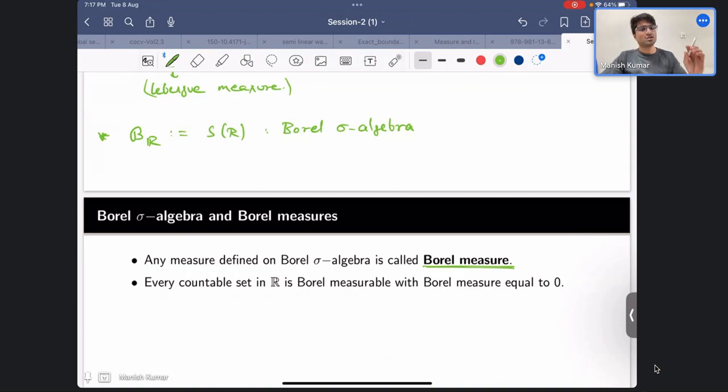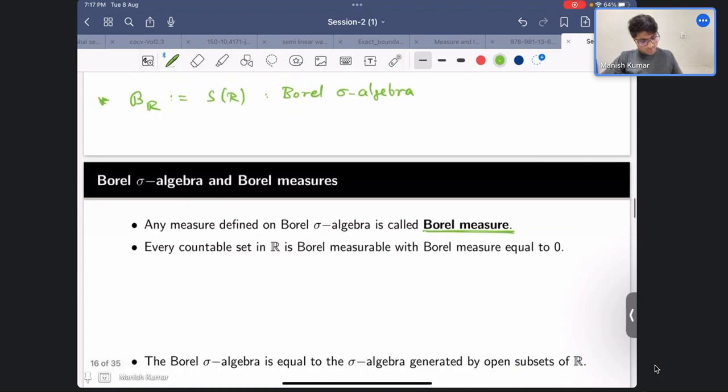So a measure which is defined on this set B of R is called a Borel measure. Lebesgue measure, if you restrict it to the Borel sigma algebra, is called Borel measure. So this B of R with m1, this m1 will be called Borel measure, and this L of R with m1, when I change the domain, is Lebesgue measure.